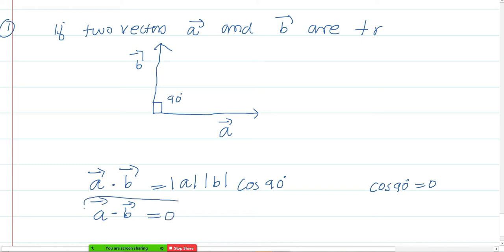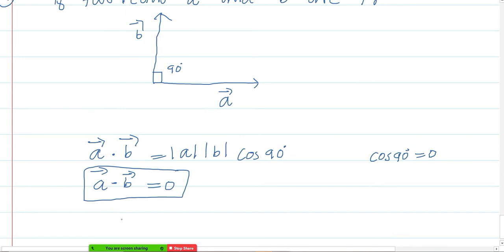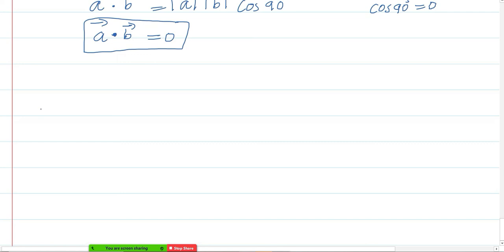It's a very important definition. We are going to use this result frequently in problem solving in straight lines and planes. If two vectors are perpendicular, then the dot product of two vectors is equal to 0. Otherwise, you can write it as, if A vector dot B vector is 0, this implies these two vectors are perpendicular, or one of the vectors may be 0.